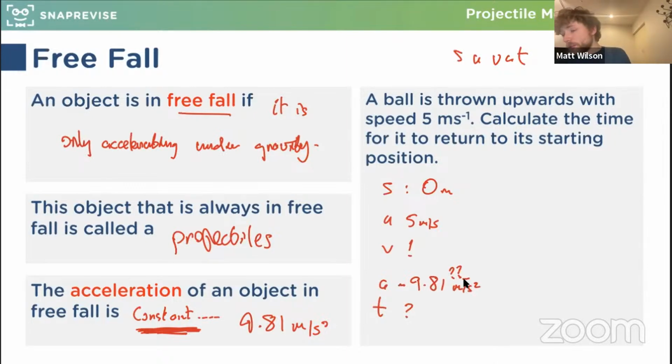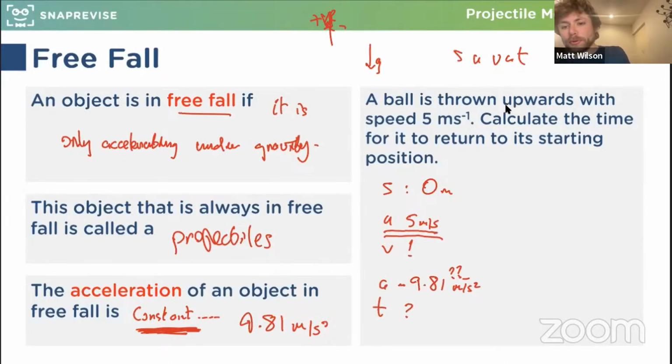Now, you might want to answer that gravity points down and usually positive is upwards. Therefore, I should take gravity to be negative. And that's something I almost agree with. However, really what matters is that I chose a convention when I chose the sign of this velocity.